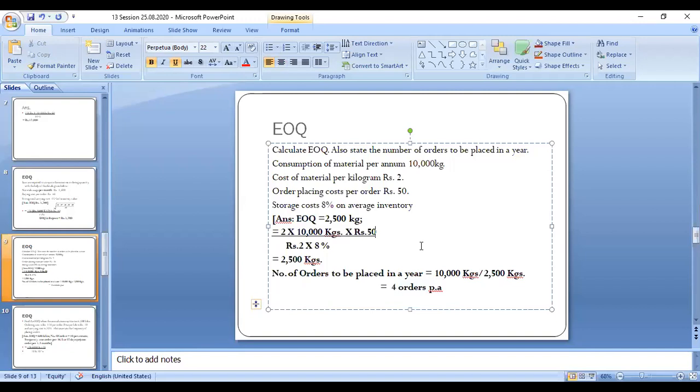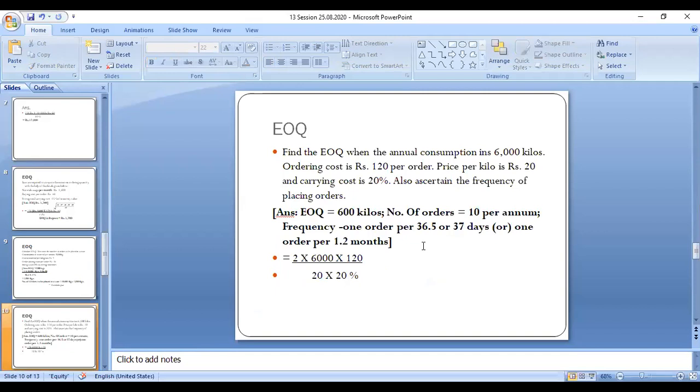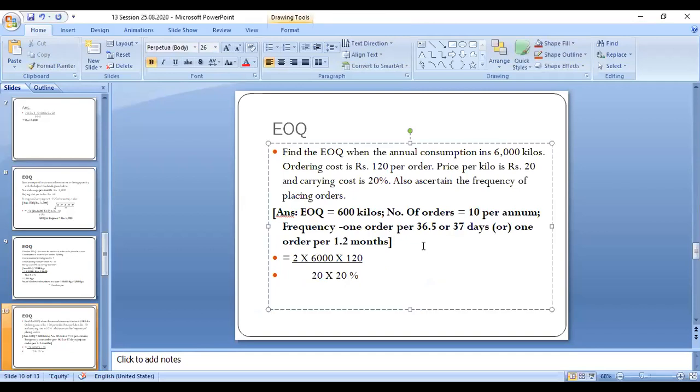Now this EOQ is clear. It's the same case, and I have one more model of the EOQ, so I will go to the next slide. Here also you have to calculate the EOQ. Find out the economic ordering quantity; the annual consumption is given, so be very careful in writing. The annual consumption is 6,000 kilograms, the ordering cost is rupees 120 per order, the price per kilo is rupees 20, and the carrying cost is 20%.